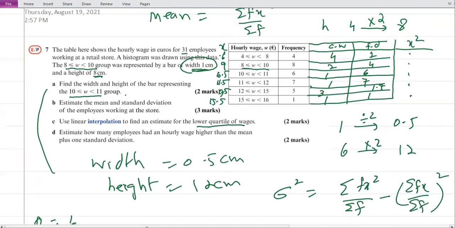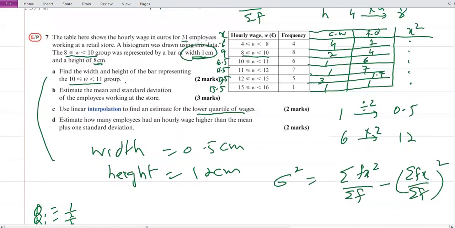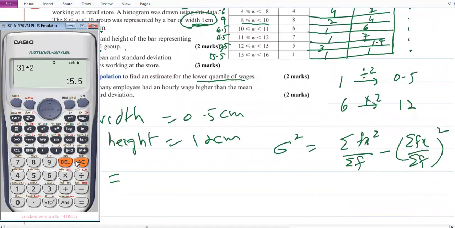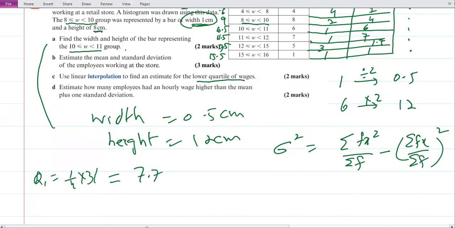Total number is 31, so it will be 1 over 4 of 31, that will be 7.75. So that 7.75 value, you always round up to the upper one, that is 8.